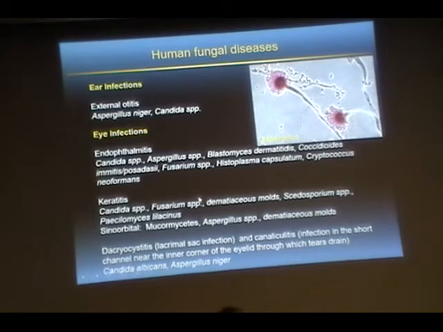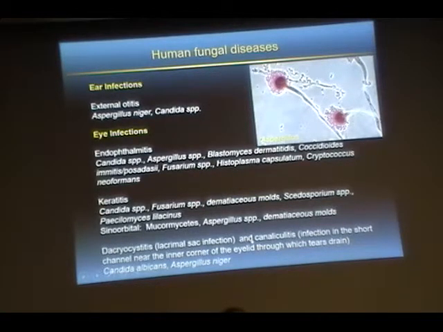And they also cause eye infections. A lot of us might have come across this. Use of contact lenses can cause fungal infections in the eye, and it's mostly caused by Candida and also others. It can cause endophthalmitis, keratitis, lacrimal sac infections, and infection in the short channel near the inner corner of the eyelid.